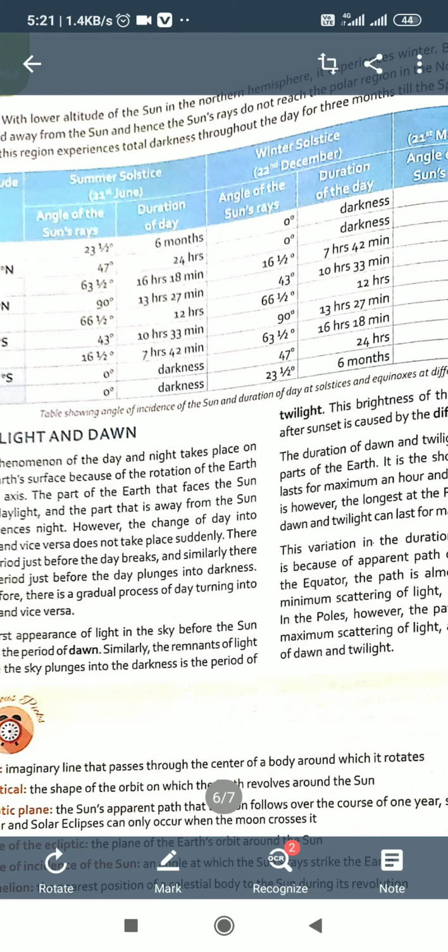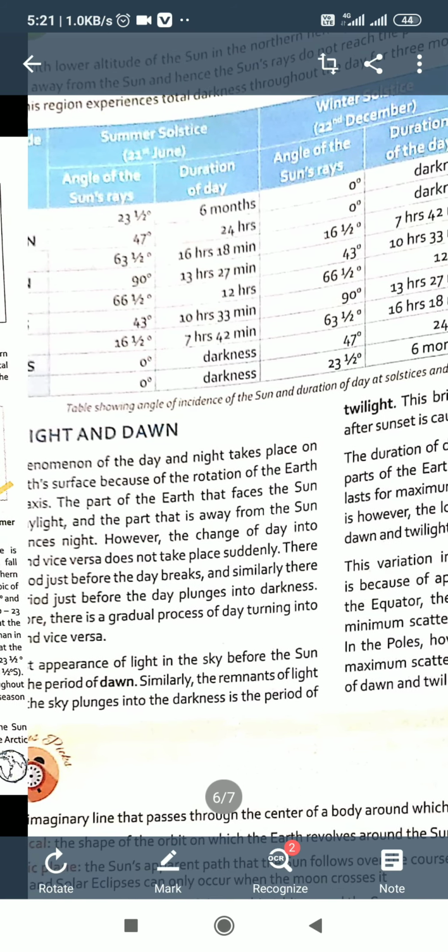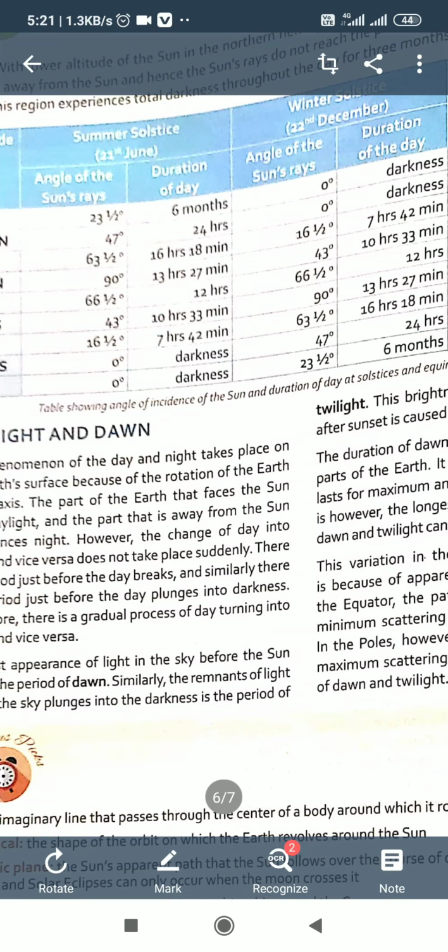The areas located in the frigid zone of the northern hemisphere, especially Norway, are known as the land of the midnight sun because there the sun does not set or rise on 21st of June. That is why it is known as midnight sun. This place has continuous daylight from mid May to mid July.